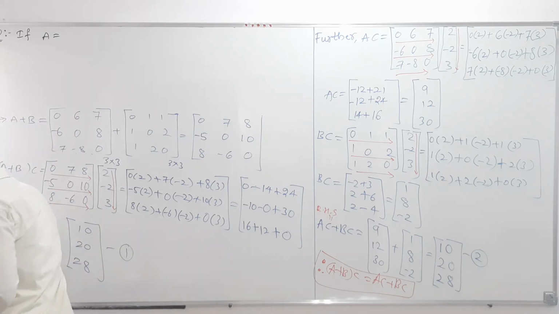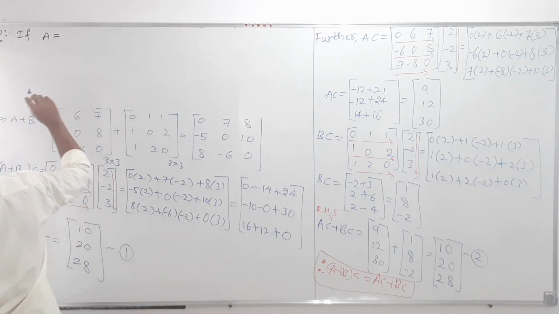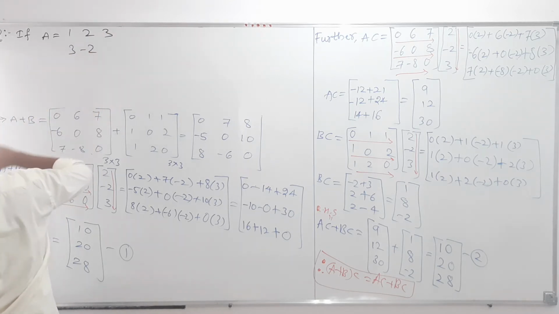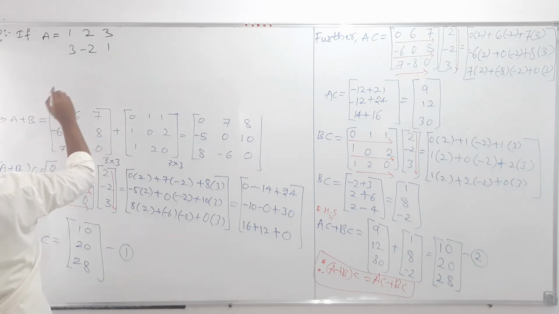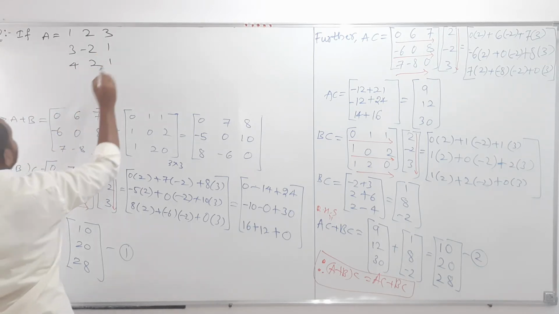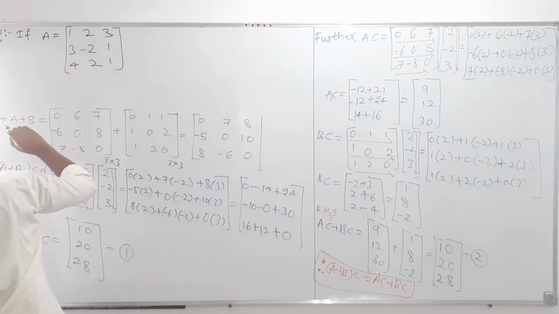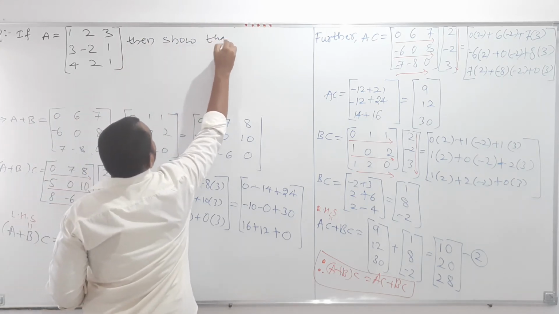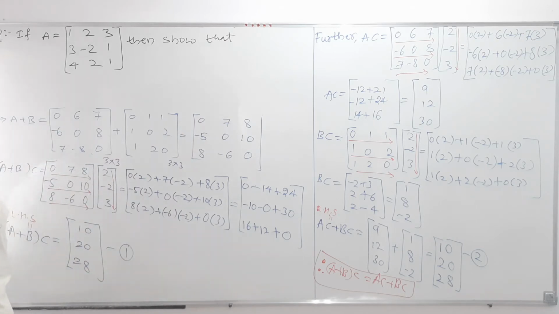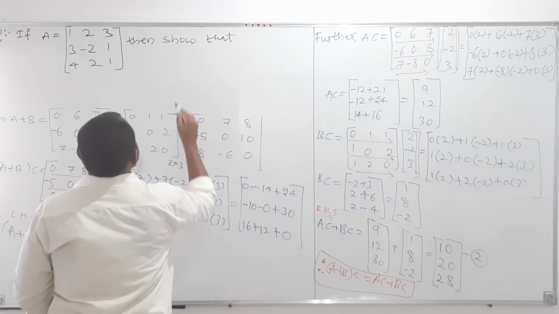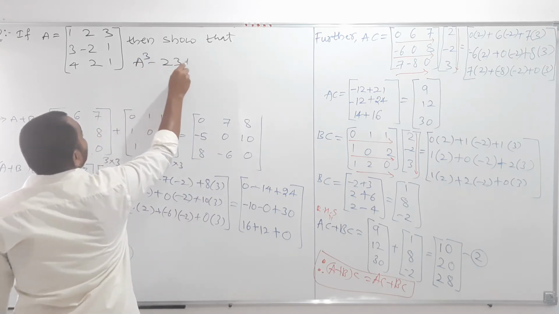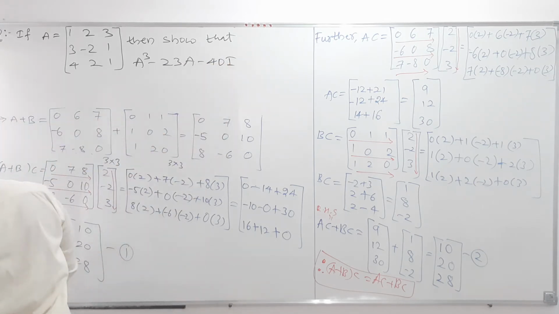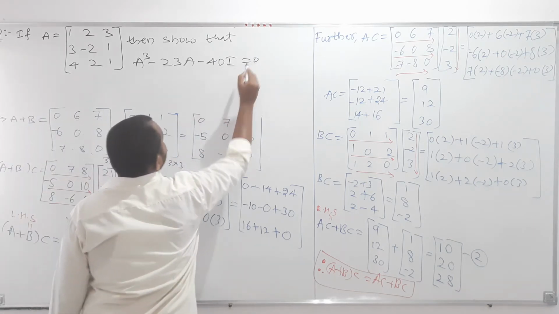Then the next question is, if A is equal to the matrix 1, 2, 3; 3, minus 2, 1; 4, 2, 1, then show that A cube minus 23A minus 40I is equal to 0.